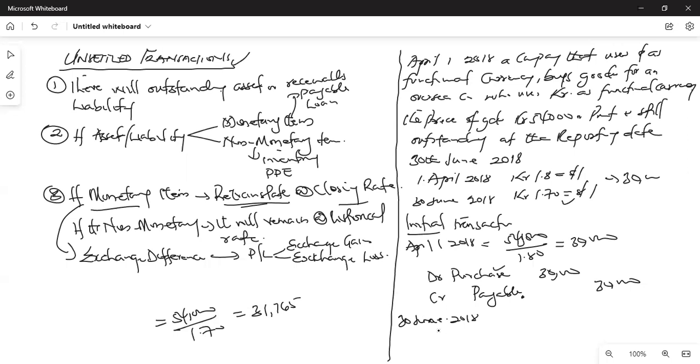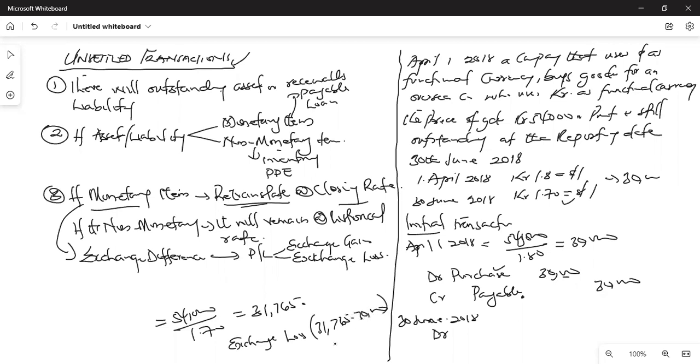Look at this, it's different from the way we did it the other round. We had 30,000 and we also had our payables. So you see the 30,000 has now become 31,765, meaning that there is an exchange loss. Because you are paying it and the amount you are paying has gone up, you are incurring a loss.